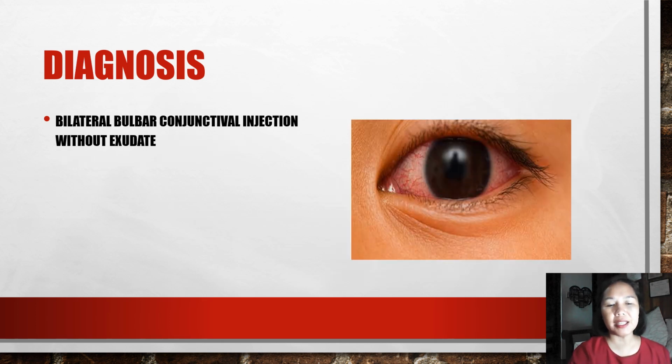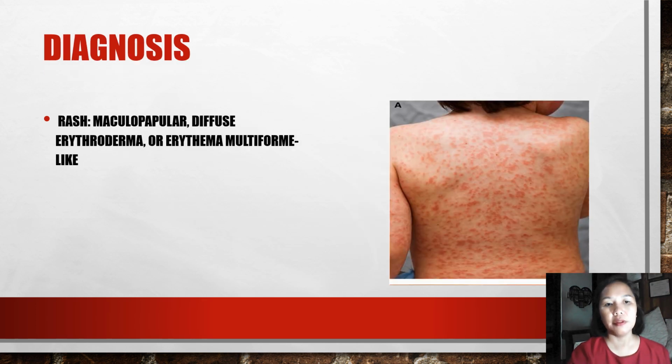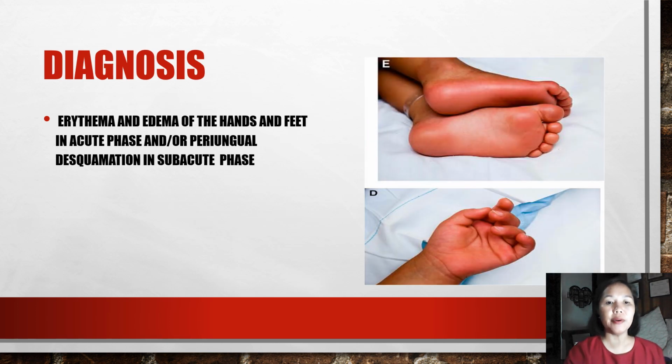The second is bilateral bulbar conjunctival injection without exudate. Third is a maculopapular rash, diffuse erythroderma or erythema multiforme-like. Fourth is erythema and edema of the hands and feet in acute phase and or periungual desquamation in the subacute phase.